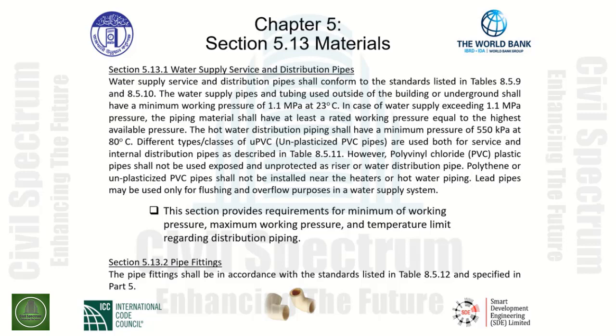Different types or classes of unplasticized PVC pipes, better known as UPVC, are used for both service and internal distribution pipes as described in Table 8.5.11. However, polyvinyl chloride plastic pipe shall not be used exposed and unprotected as riser or water distribution pipe.